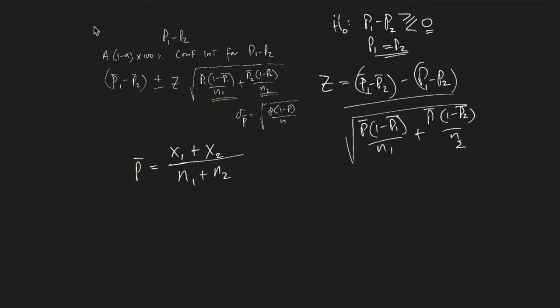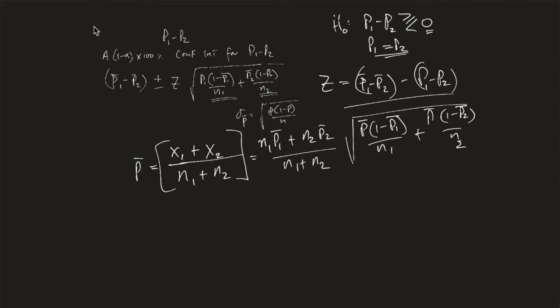Now, if we don't have the actual number of observations, but we have sample proportions, that is also equivalent to n1 times p bar 1 plus n2 times p bar 2 over n1 plus n2. So either of those would do, right?